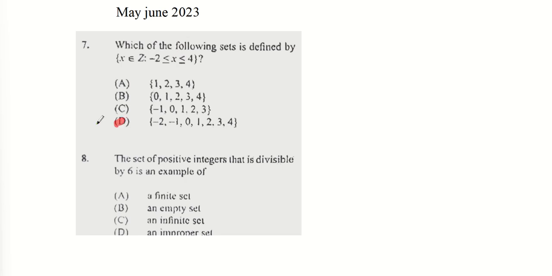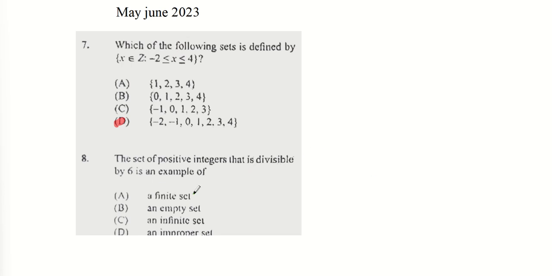The set of positive integers that is divisible by 6 is an example of what? This basically means the multiples of 6, right? That is your 6 times table, the answers for your 6 times table.